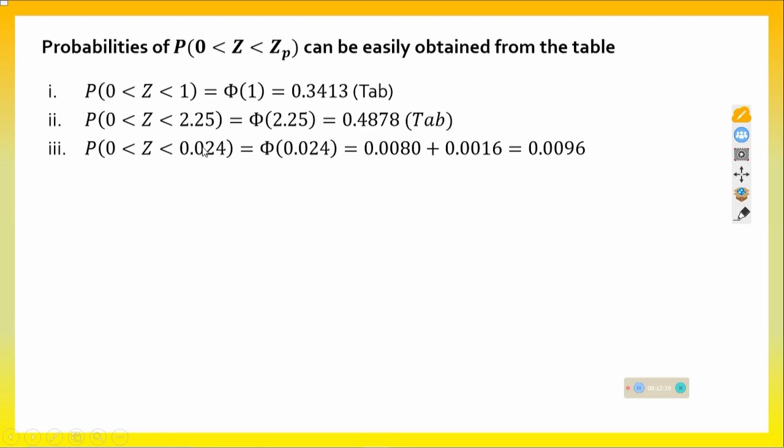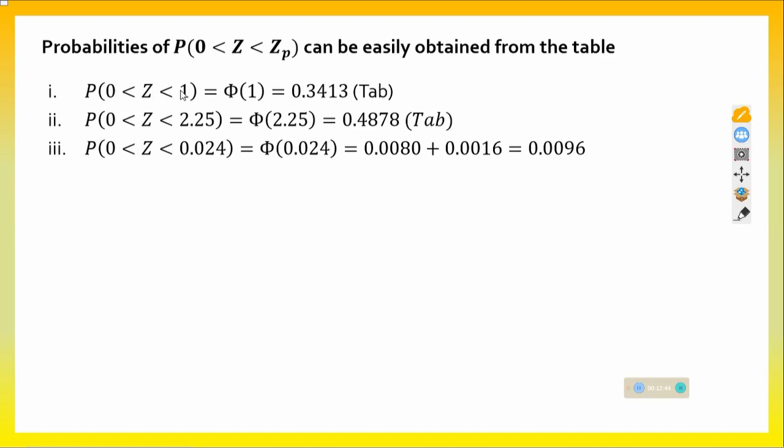So let us look at how best we can obtain these probabilities from the table. We need the table reading of 1, the table reading of 2.25, and the table reading of 0.024. So from our table, we can easily obtain that. So let us read from the table to get the answer there.